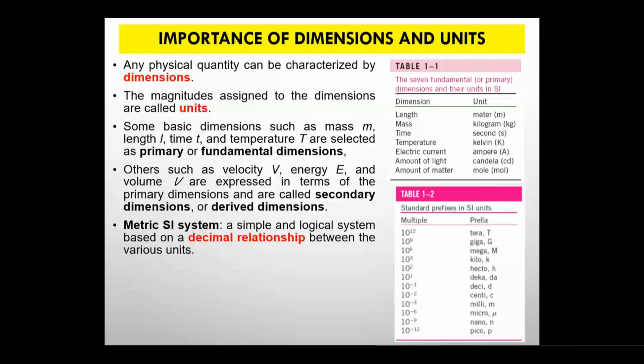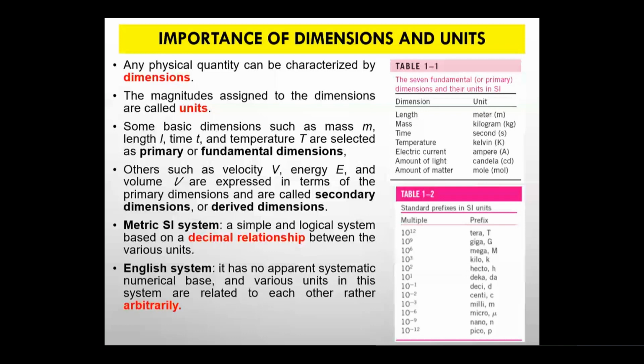In the SI system, the 6 dimensions that we have defined, or the 7 dimensions that we have defined along with the units, these are the primary units or the fundamental dimensions. All the dimensions and units derived from these primary dimensions are known as secondary dimensions or derived dimensions. Clear enough?